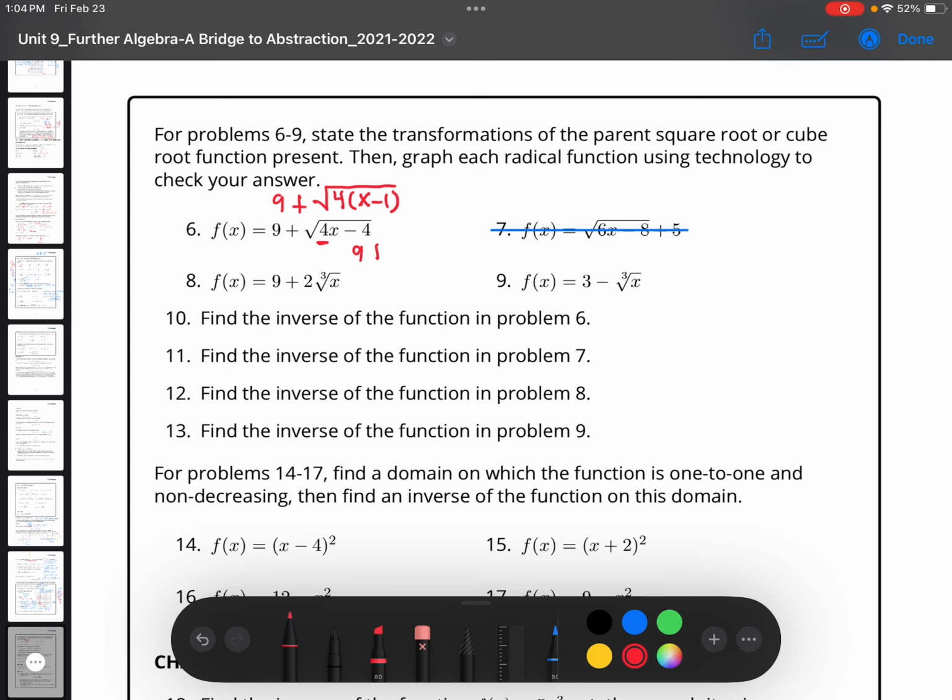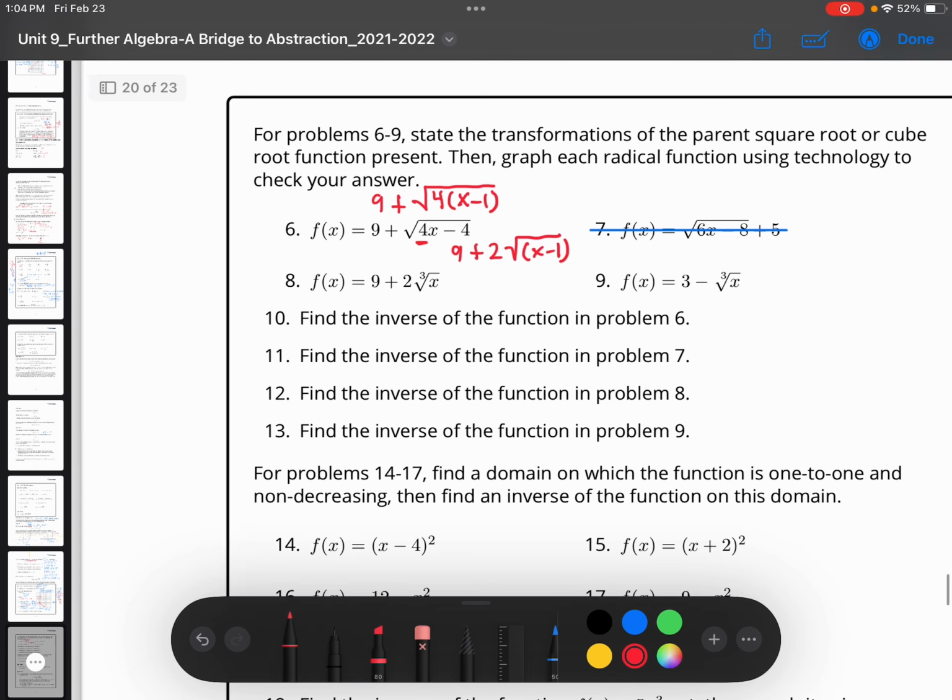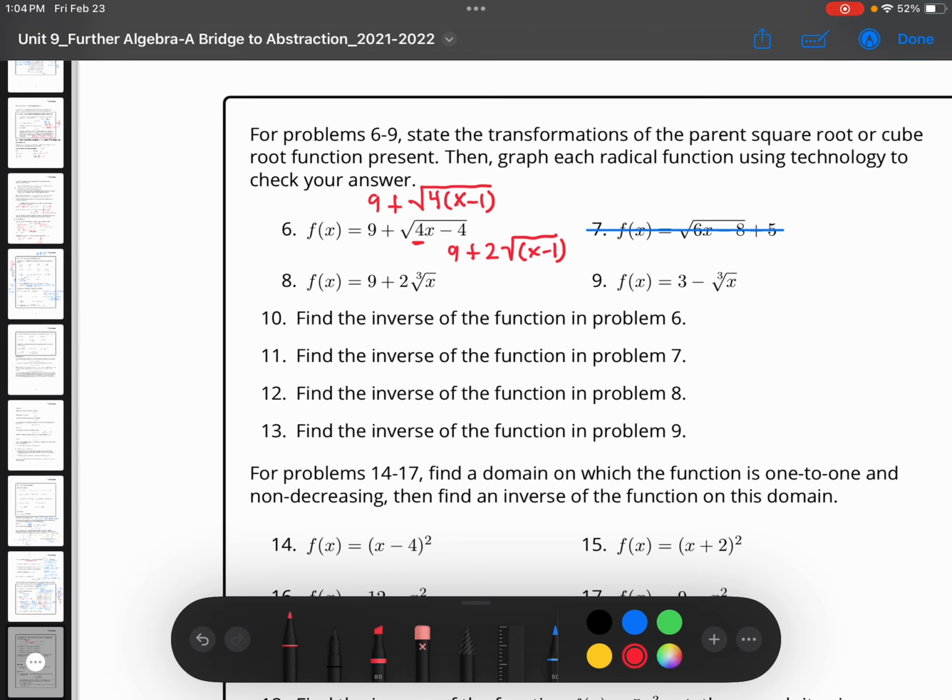And when we do that, I can rewrite it. I can take the square root of 4, which is 2, and write x minus 1 in here. So all they want you to do on an example like number 6 is say, okay, that's going to be up 9, and then to the right 1, and then vertical stretch by a factor of 2.